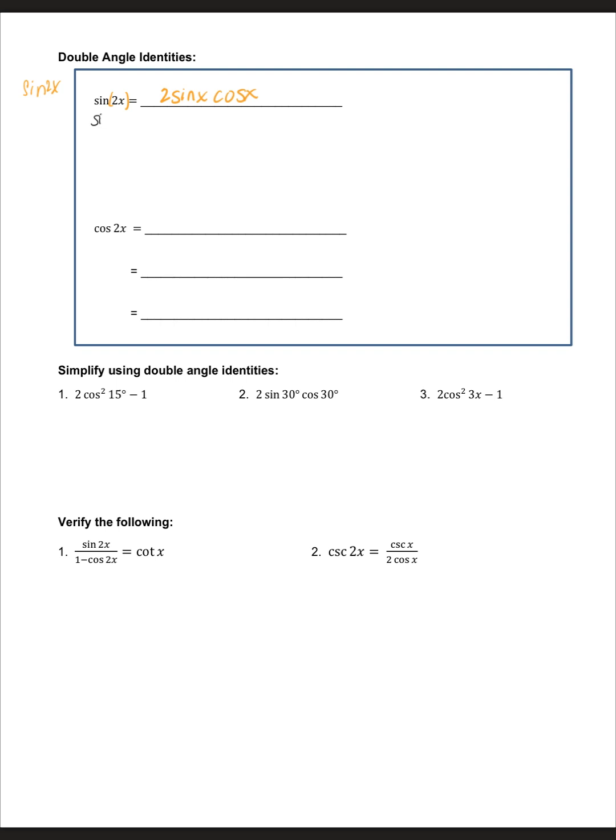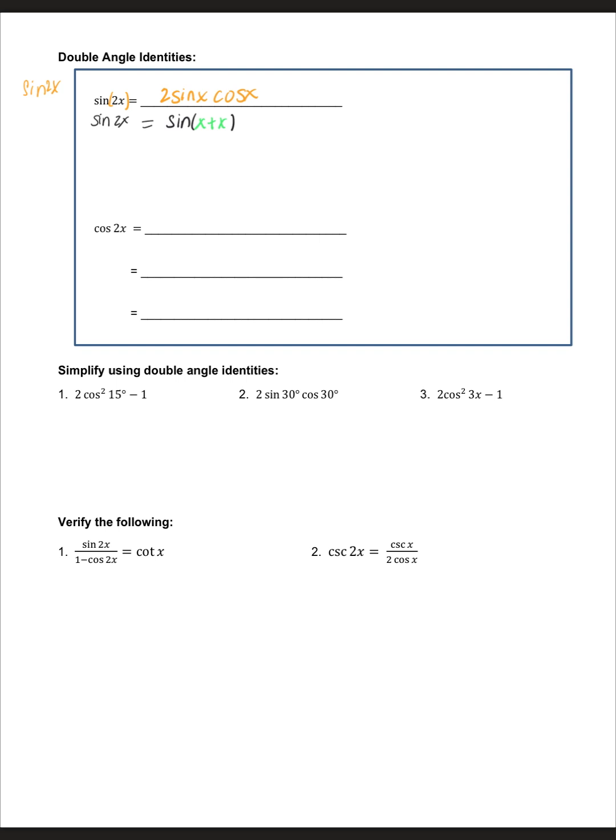So if I write sine 2x, I can break that up. I know that 2x can be written as x plus x. Mathematically, two like terms, I have 2 x's, I get 2 of them.